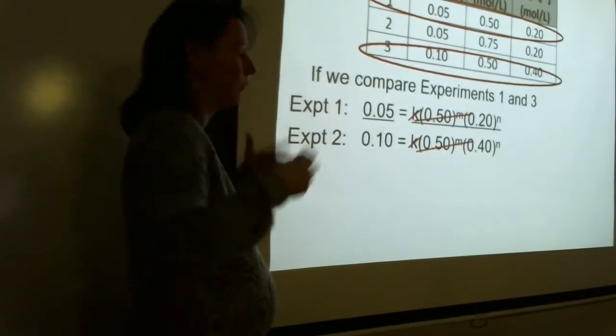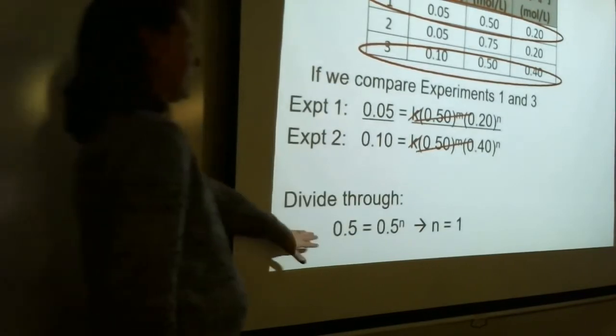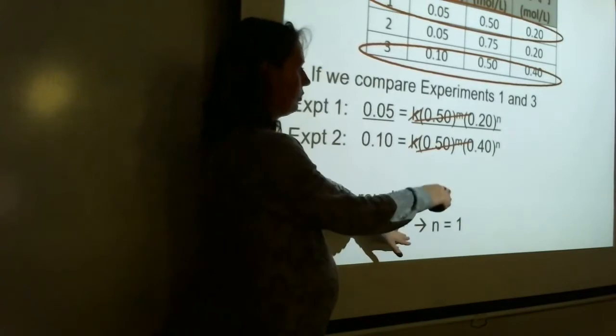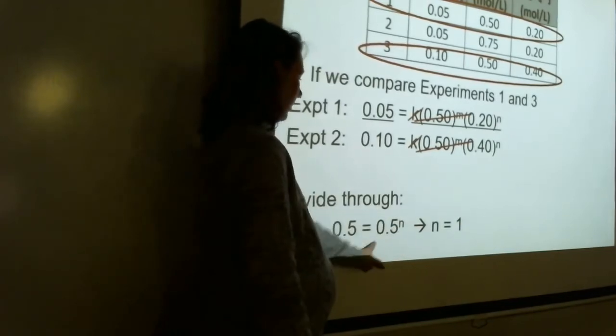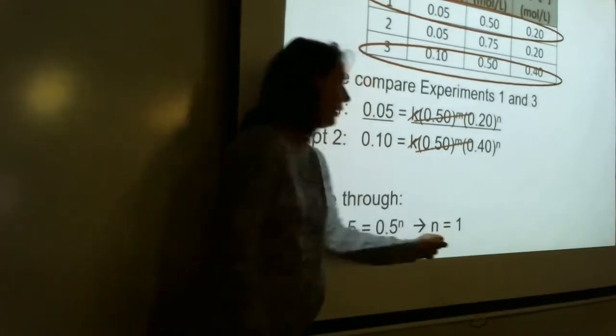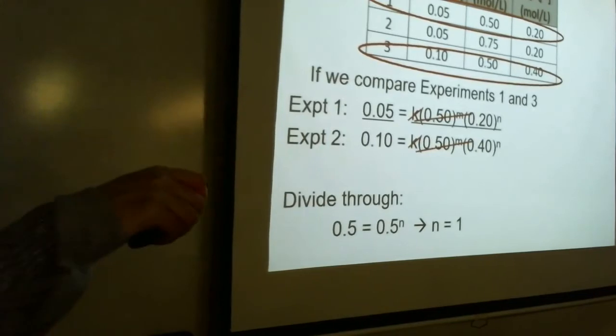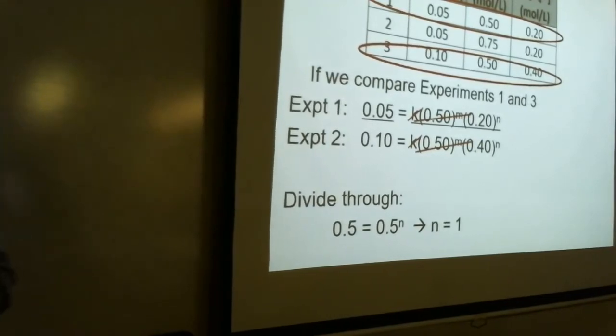And if you don't care, then just plug and shove it, right? So 0.5 is equal to 0.5 to the N, because I used N this time, right? So anything to the first power is itself. So that's why N equals 1. Does everybody agree that the exponent for oxalate is 1?